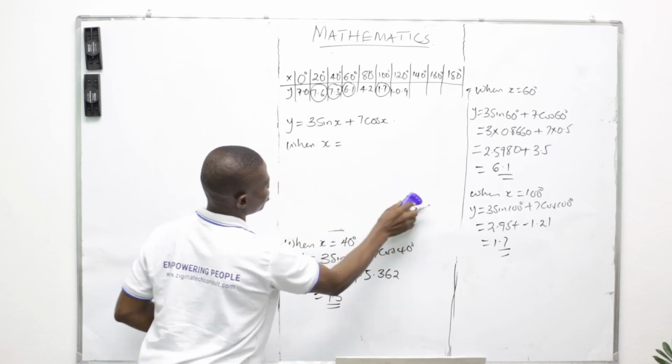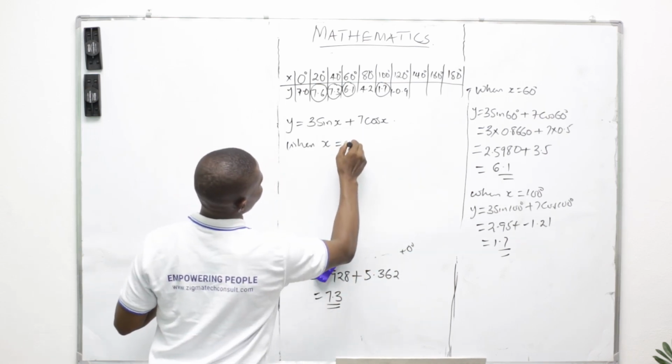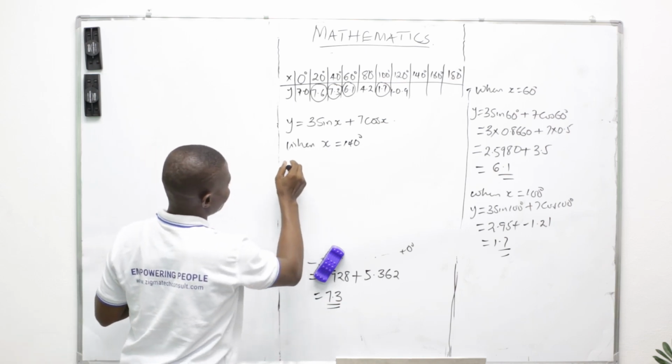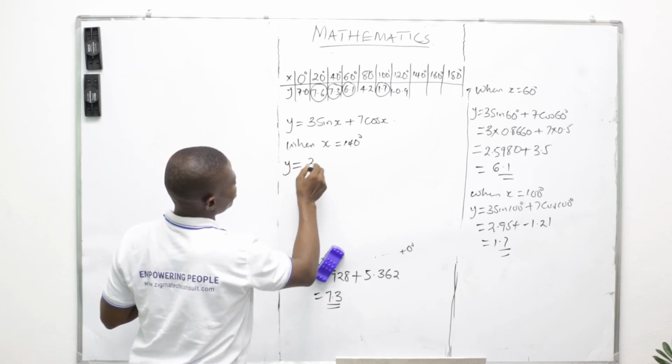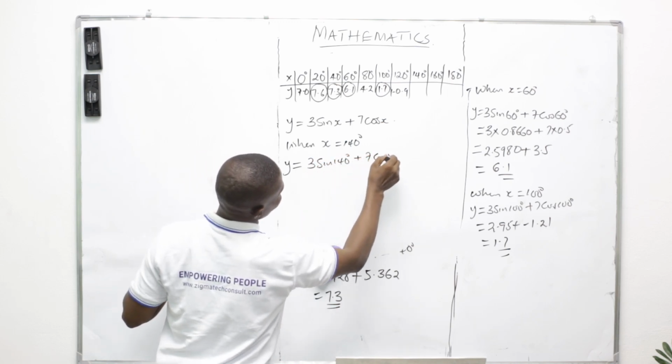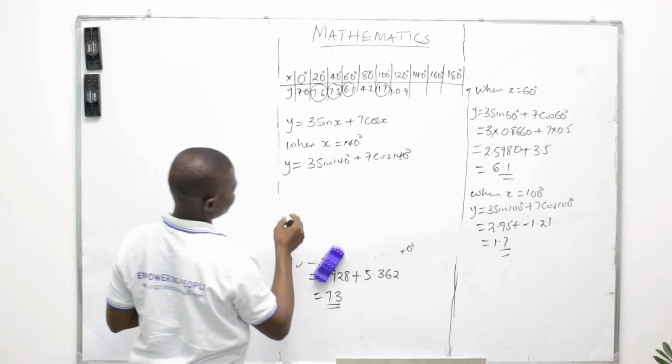You come back here. When x is what? 140 degree. You don't solve the one they already solved. 3 sine 140 degree plus 7 cos 140 degree.